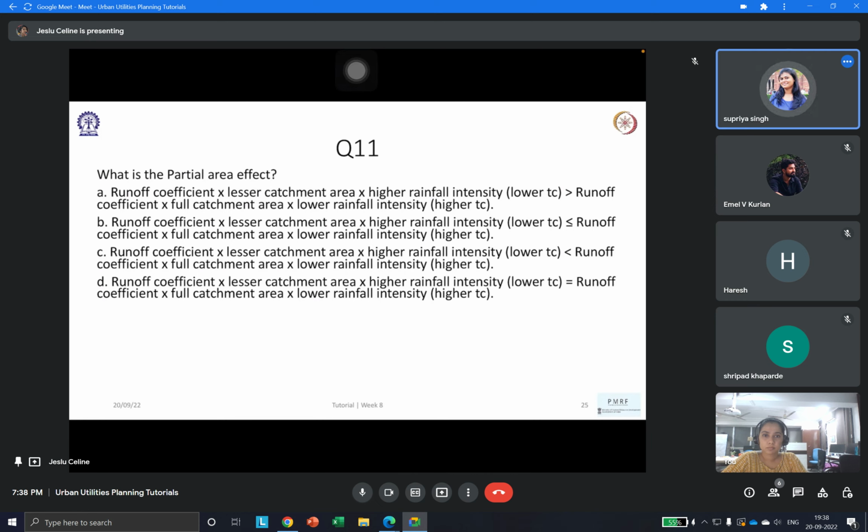Option A is correct. Can you give the reasoning? Why do you feel option A is right? What is partial area effect? Can you explain a bit?